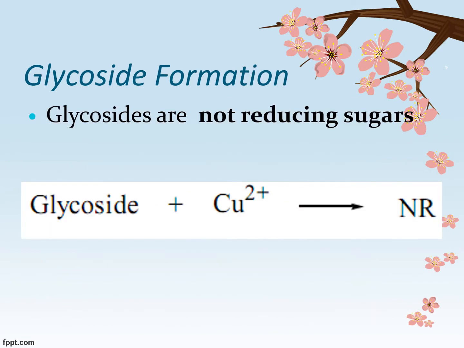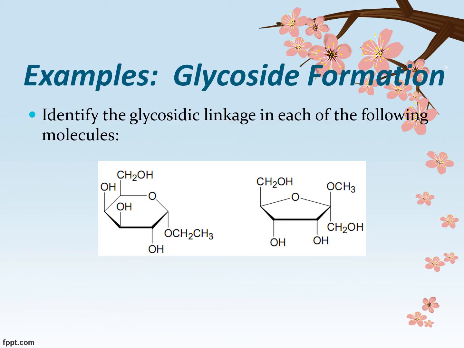These glycosides, or glycosidic bonds, are not reducing sugars, which means they cannot react with Benedict reagent to form the red-orange precipitate. So in these two molecules here, the glycosidic bonds are here and also here.